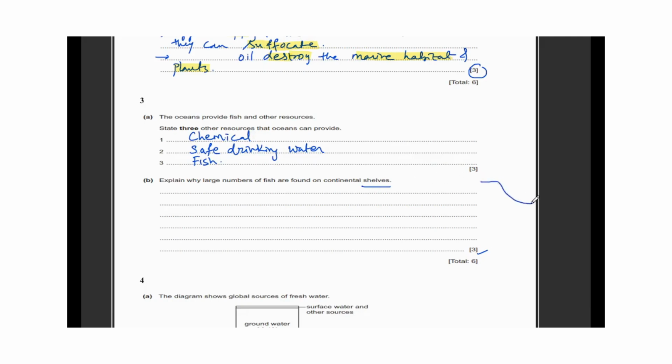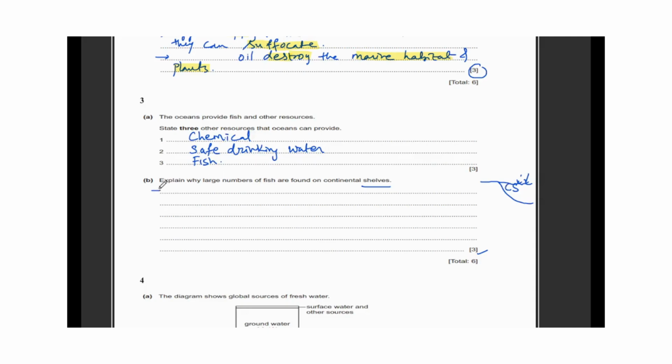This is the continental shelf area where maximum photosynthesis takes place and nutrients are in abundance, due to which you will find more fishes there. So 2 points that we got: one is photosynthesis, second one is nutrients. If photosynthesis is there, that means there are more plants also.